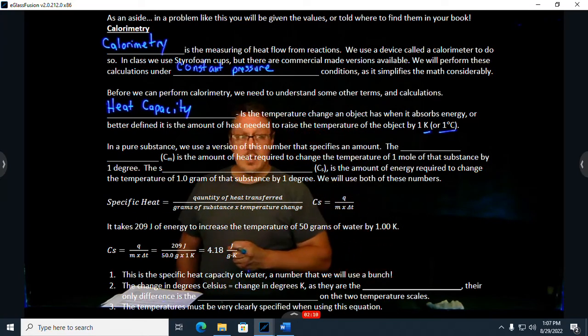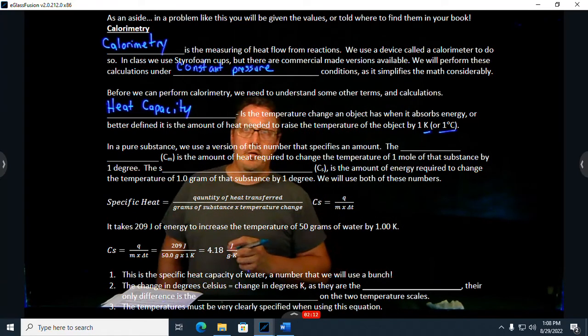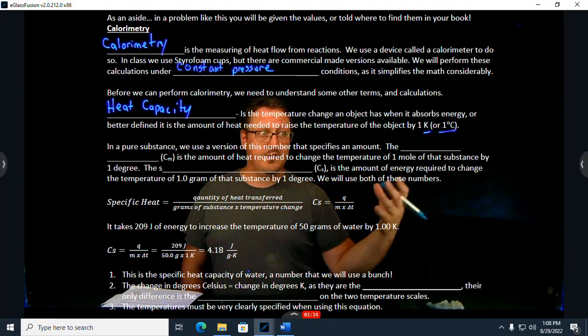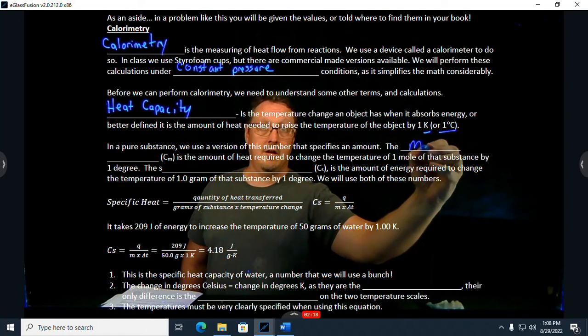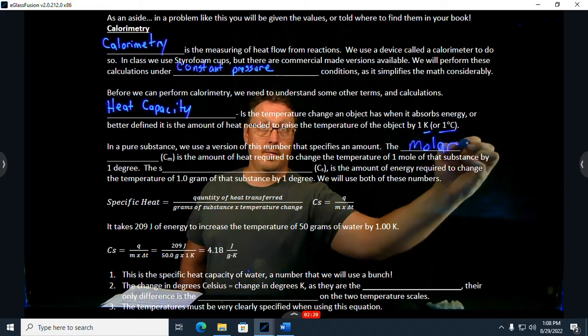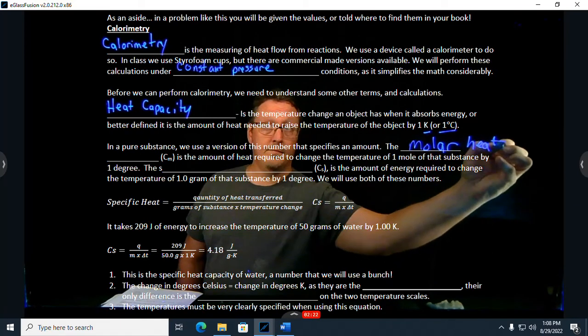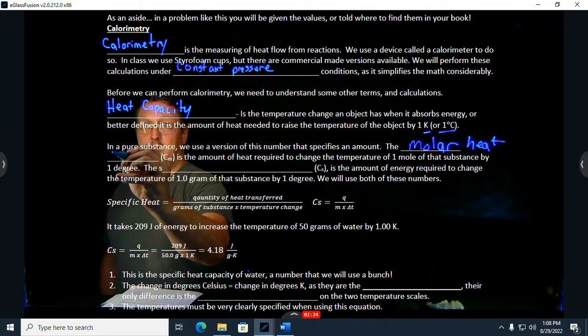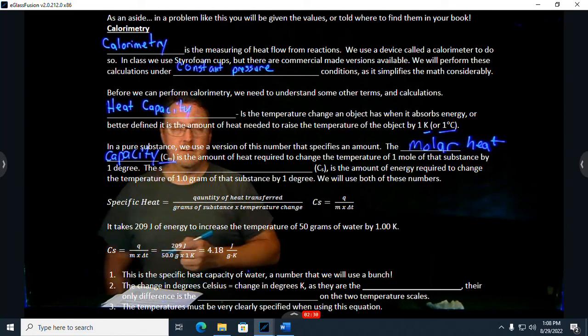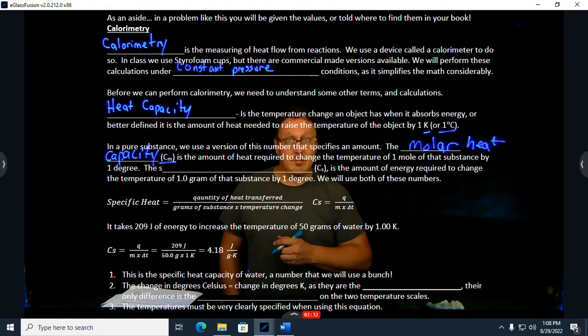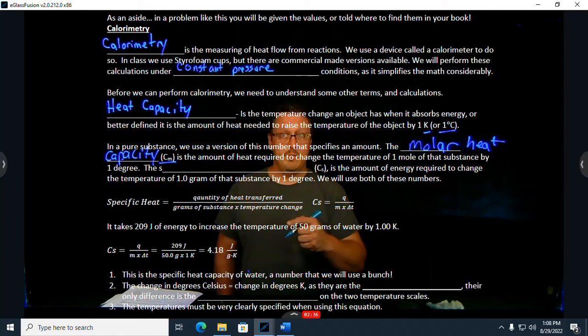All right. So in a pure substance, we use a version of this number that specifies an amount. This is the molar heat capacity. And so the molar heat capacity has the C_m here, C sub m. And it's the amount of heat required to change the temperature of 1 mole of that substance by 1 degree.